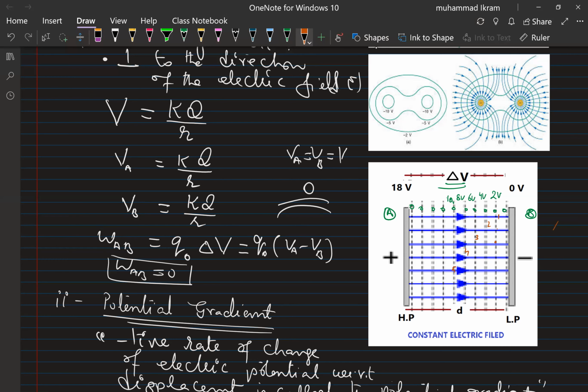So what is the potential? Potential is KQ by R. As you move towards this, R is decreasing and the potential is increasing.